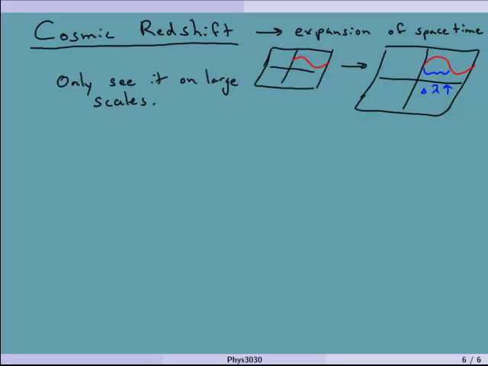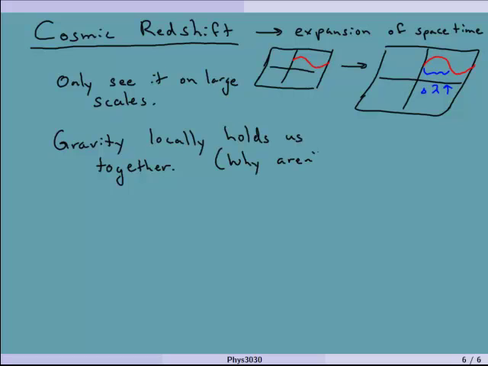Because it takes a lot of expansion of space-time to be able to see it is one reason, but also because gravity locally holds us together, right? So you could ask the question, this is really the answer to the question, why aren't we expanding?